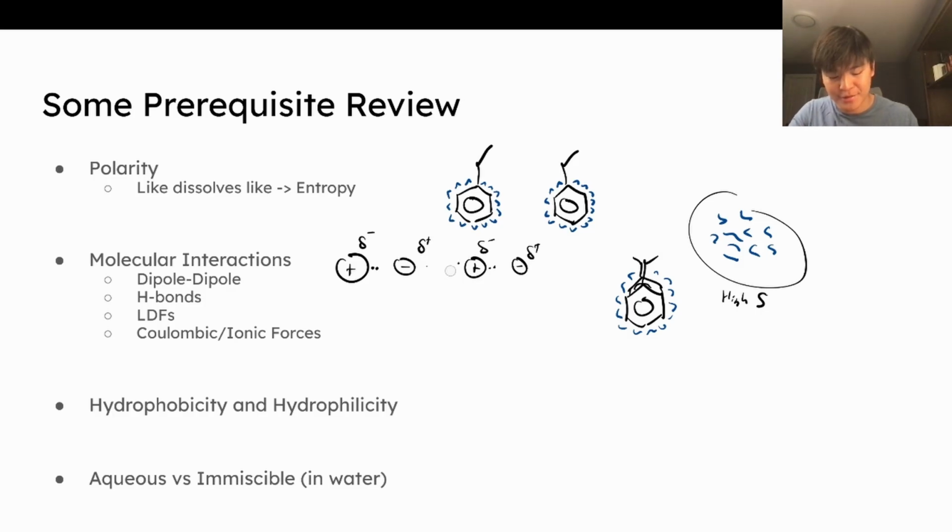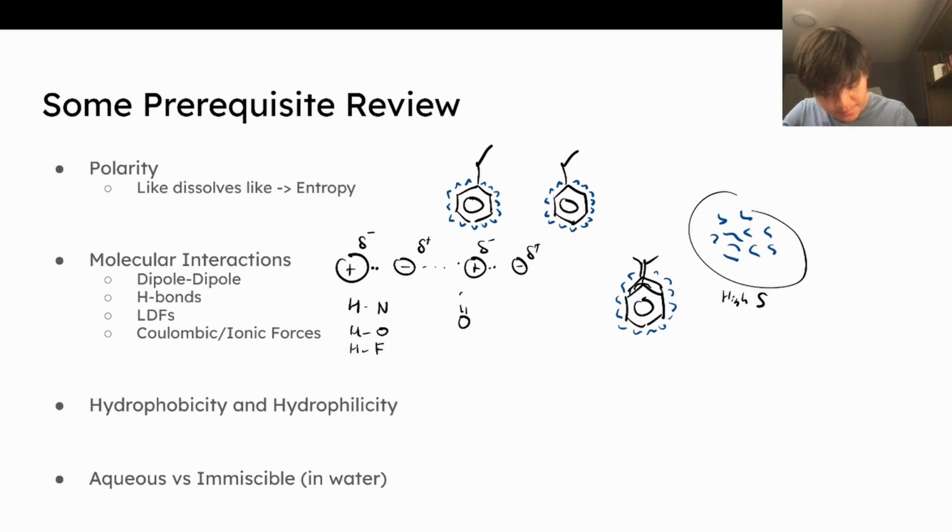Like magnets. And when this is part of H, and H is bonding with N, O, or F, which are very electronegative atoms, they will form something so polar that when they interact with each other, they form something called an H bond.